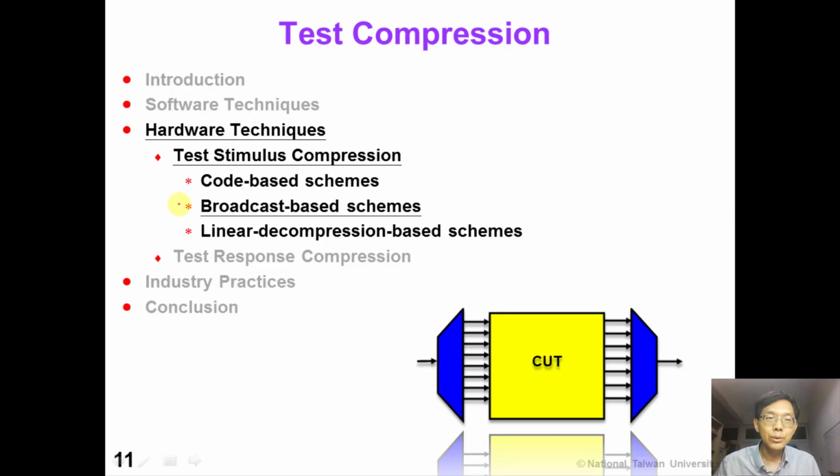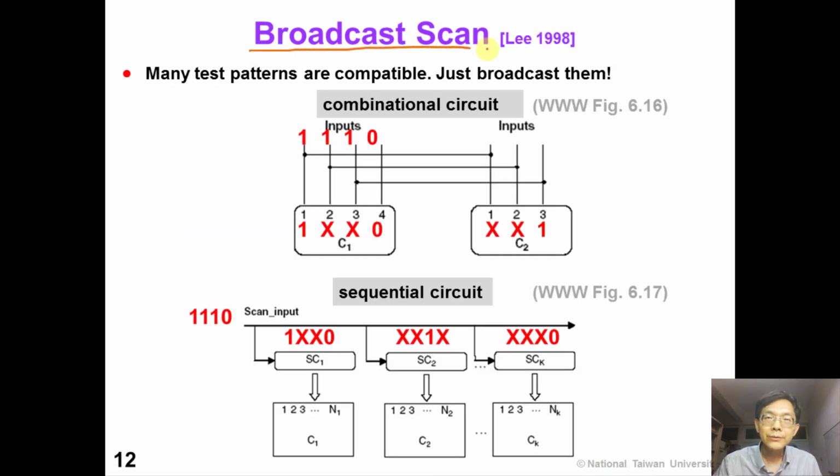The next one is broadcast-based schemes. Broadcast scheme was first proposed by Professor Lee in 1998. The idea is very simple. Since there are many compatible test patterns, why don't we just broadcast them together?